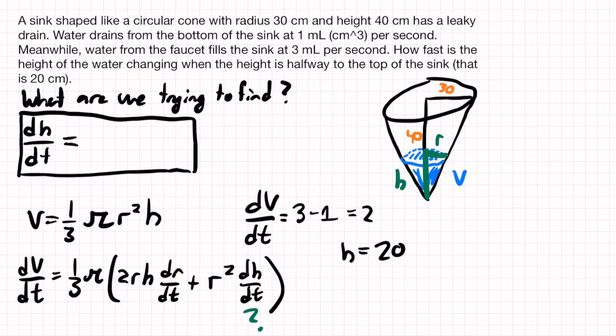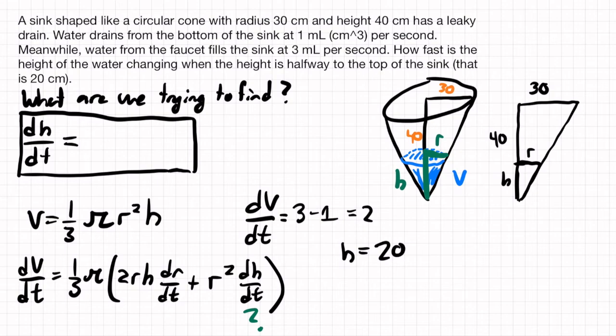If we draw this triangle here, we know that this big triangle is 40, 30. So what we can use is similar triangles, and this part will be h, this part will be r.